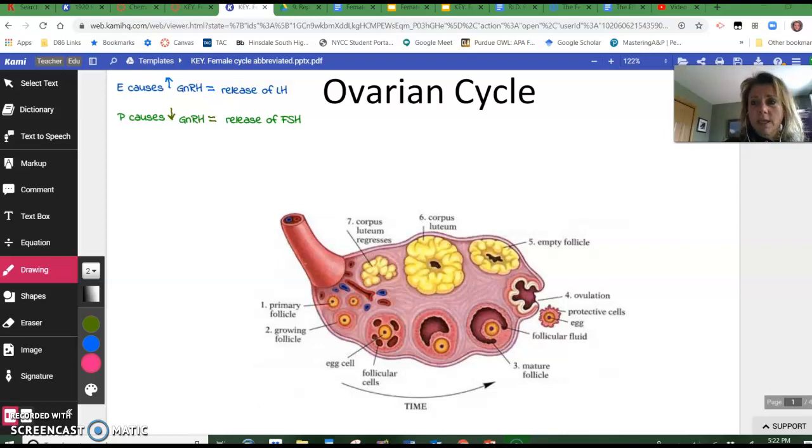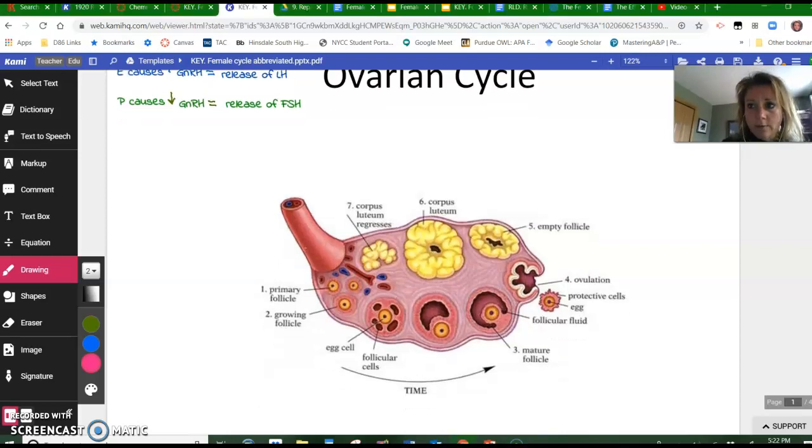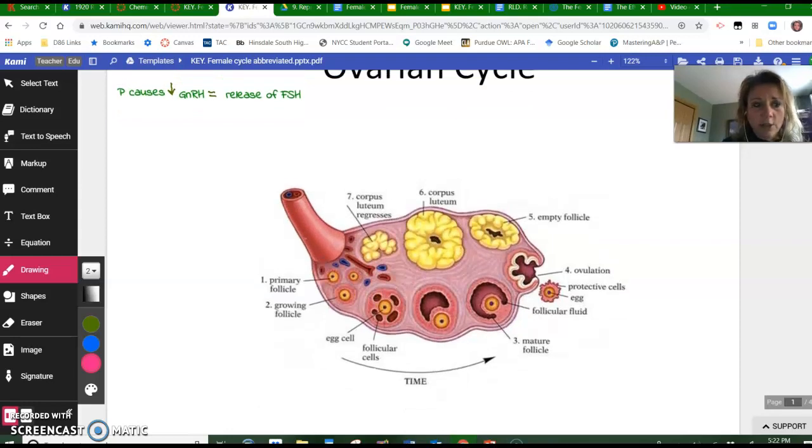So what we're looking at is a picture of an ovary, very similar to what you saw in the Prezi that I showed you. And we are going to start here at numbers 1 and 2.